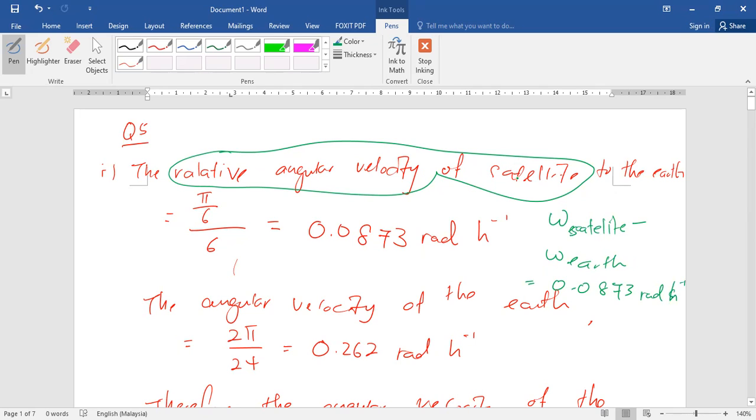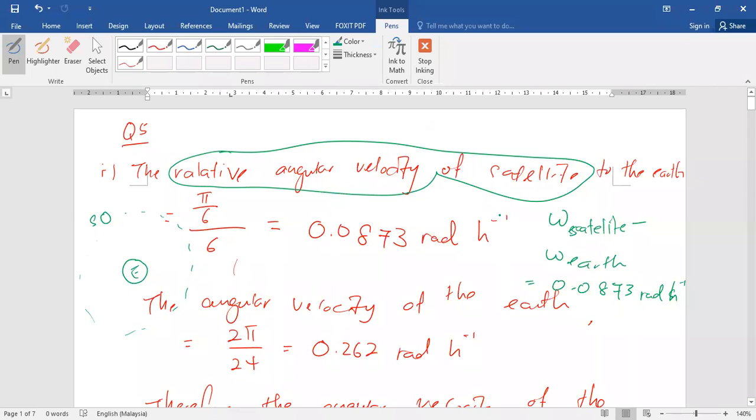Actually, as we know, if this is the Earth and this is the satellite moving with a greater radius, greater distance, this means the satellite should travel faster than the Earth. So the angular velocity of the satellite minus the angular velocity of the Earth will be equal to 0.0873 radian per hour.